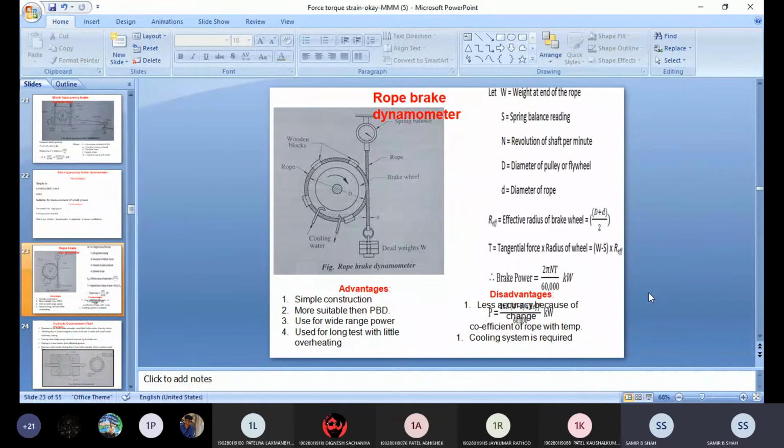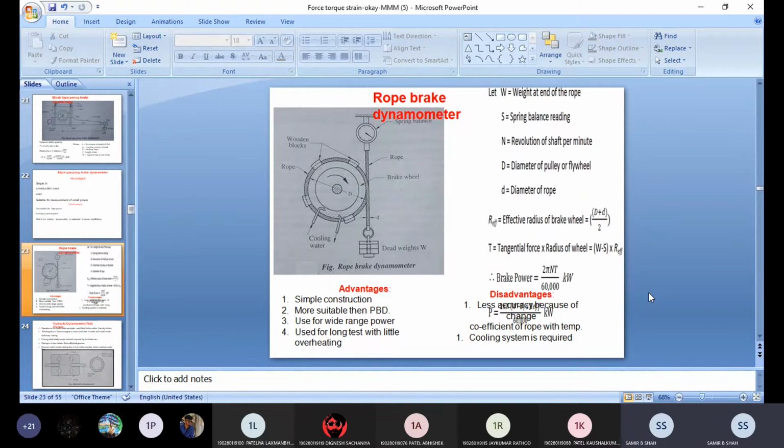We already concluded that the range is wide, so it is more suitable than the Prony brake dynamometer, because we know that the Prony brake dynamometer has less range. Another advantage is that it can be used for long tests with little overheating without requiring adjustment. So you have to remember that.